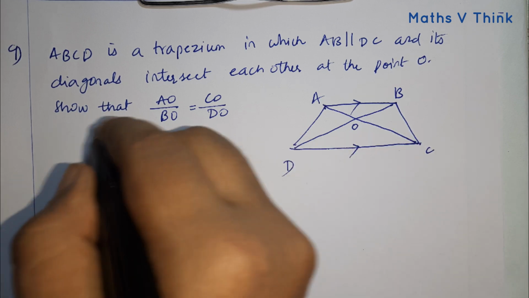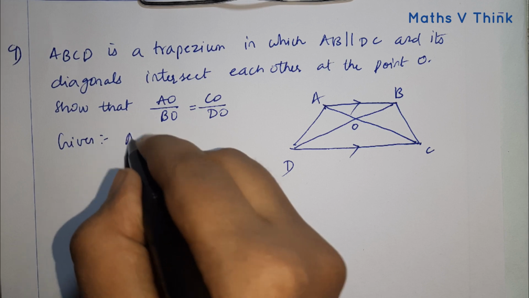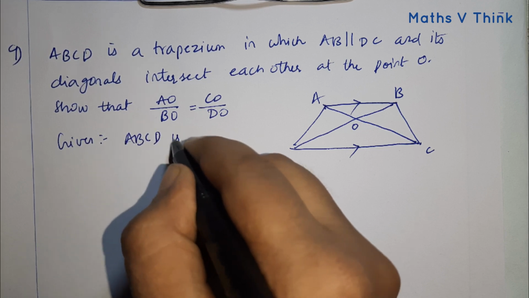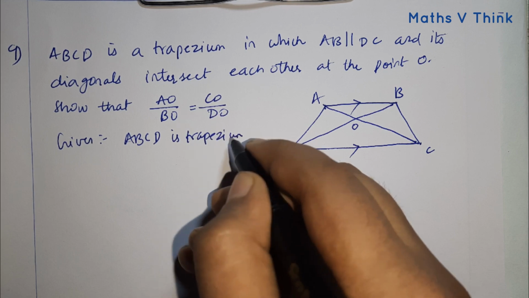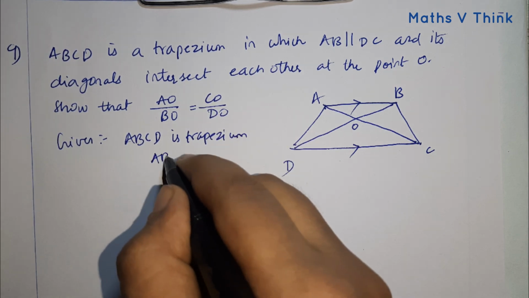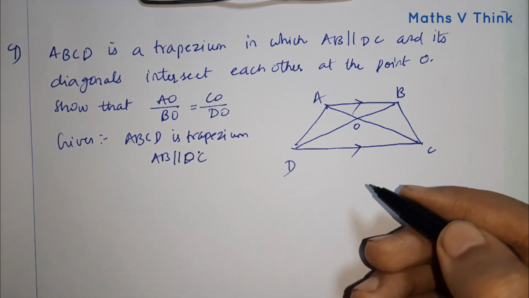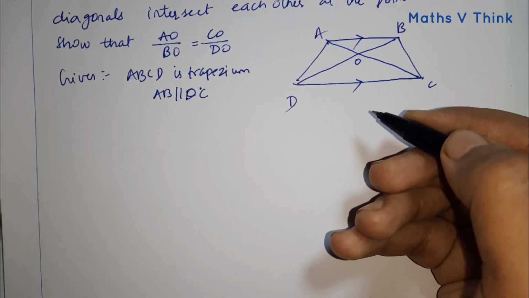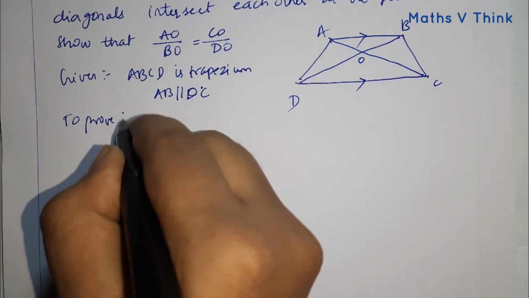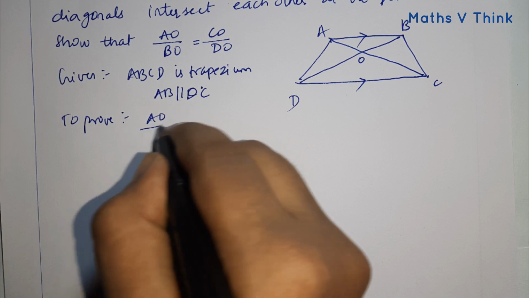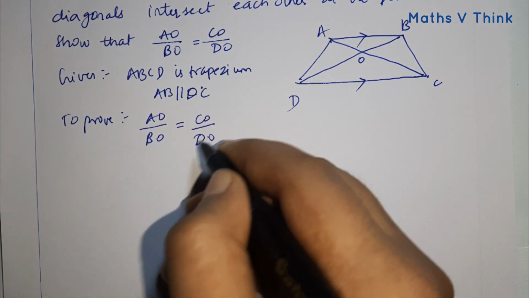Now, first we'll write the given information. Given is what? ABCD is a trapezium. That is, we know AB parallel to DC. To prove is AO by BO is equal to CO by DO.